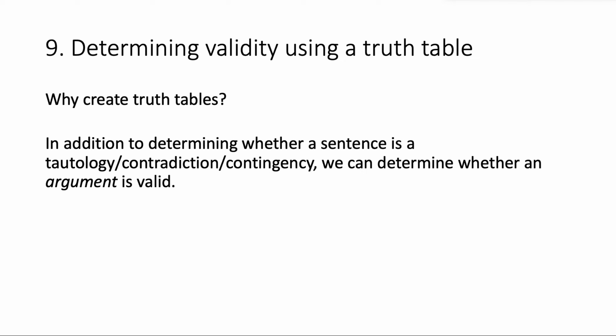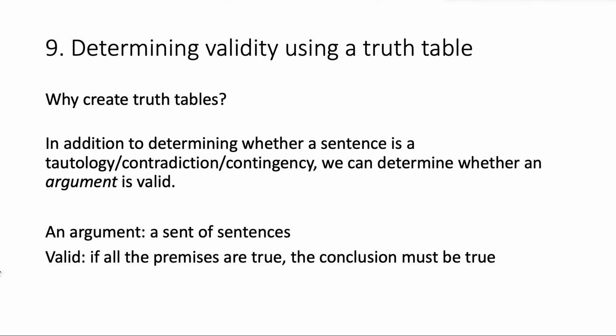In addition to determining whether a sentence is a tautology, contradiction, or contingency, we can determine whether an argument, which is a set of sentences, is valid or not. And just a reminder, an argument is valid if, whenever the premises are all true, the conclusion must be true. All right.